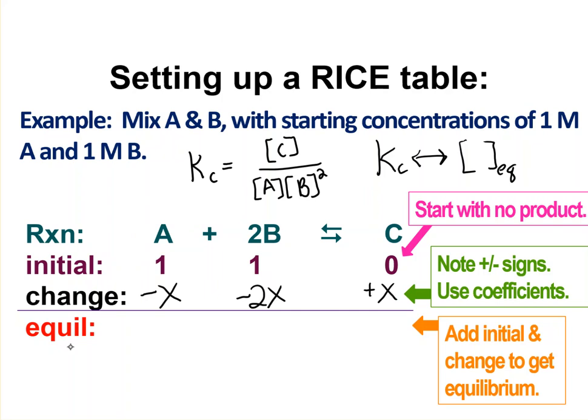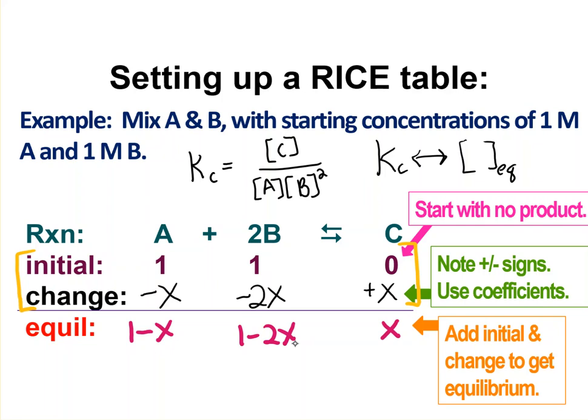Okay, and then this last one is where I'm basically just adding these two to say what it is at equilibrium. So I'll say 1 minus X for A, 1 minus 2X for B, and just X for our product.